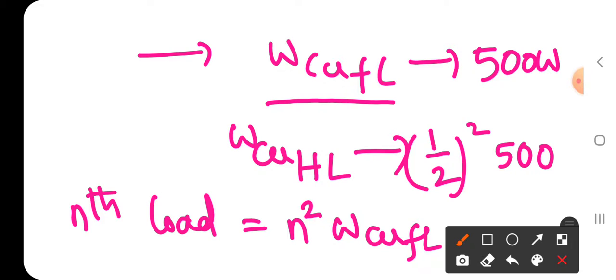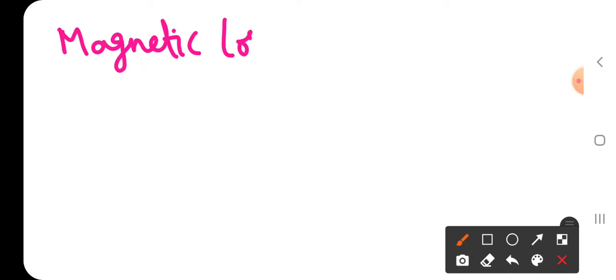Okay. Next, the second losses are magnetic loss. What do you mean by magnetic loss? Magnetic loss is the loss which occurs in the magnetic circuit, or the loss which occurs in the core of the transformer.